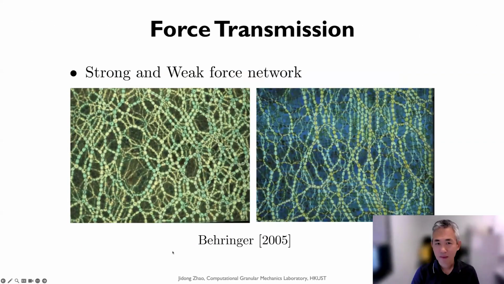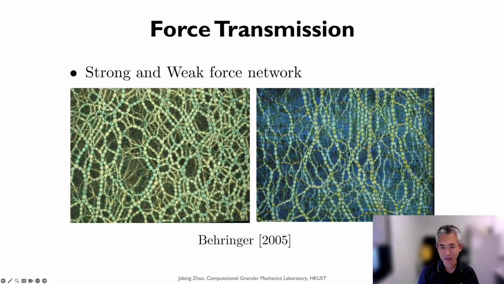And this whole thing has been studied for a long time, and it is understood that the force transmission mechanism underlying this solid and liquid-like phase transition is what we call the strong and weak force network, observed by Bob Behringer using his photoelastic experiment here.